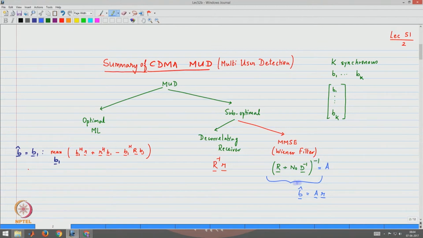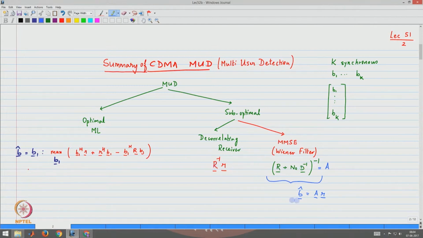And this we found was a good way to summarize the 3 different options: the optimal solution, the decorrelating receiver and the MMSE receiver. We also showed how the MMSE receiver, in the case where the noise is not very significant and we can ignore it, actually corresponds to the decorrelating receiver.